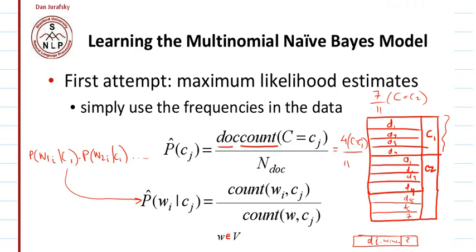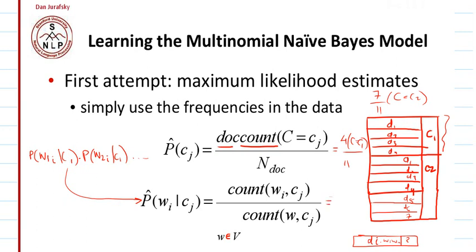So the count of wi comma cj. So it is actually the probability of wi given cj. So given this class, I'm not dividing it by the whole c1 and c2, but I'm dividing it by the count of all the words present in the class cj. So that is w belongs to v.